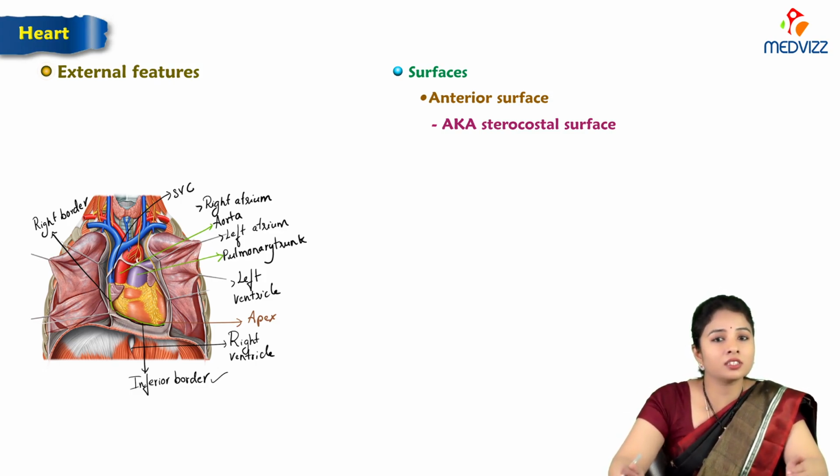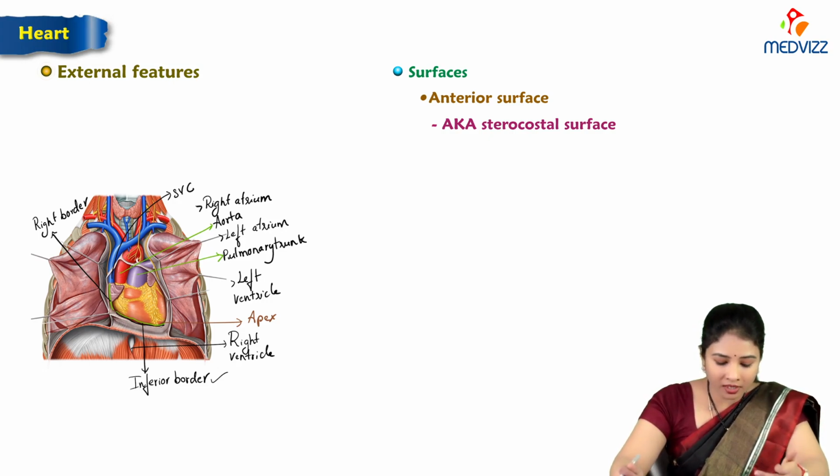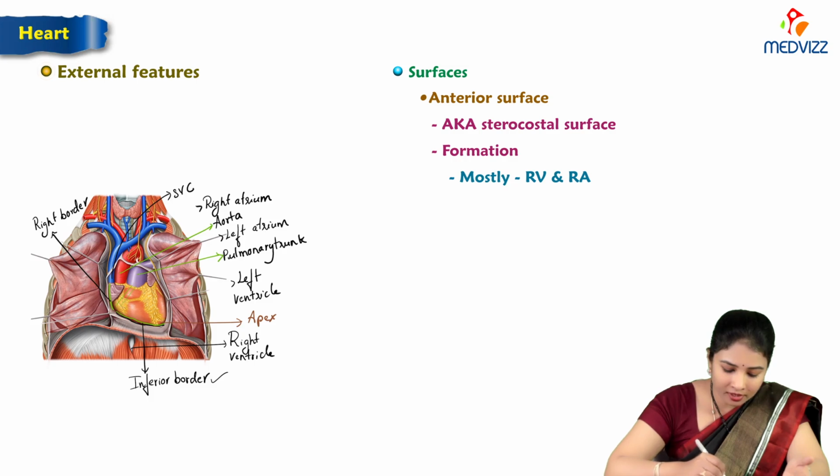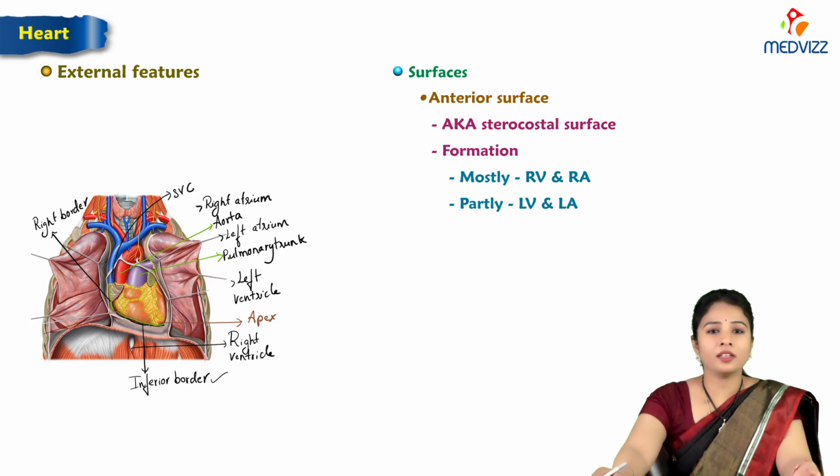That is the reason it is called the sternocostal surface. The anterior surface is mainly formed by the right ventricle, and partly by the left ventricle. The right atrium also makes the anterior surface, and a little part of the left atrium makes the anterior surface.